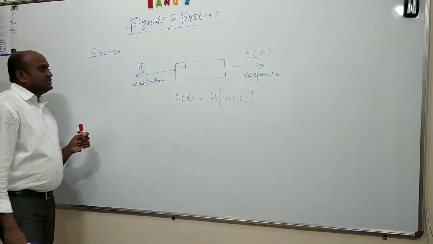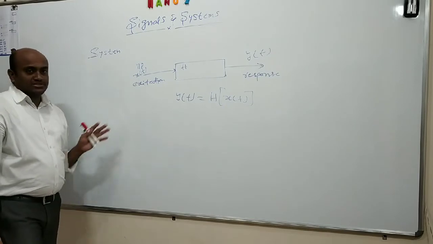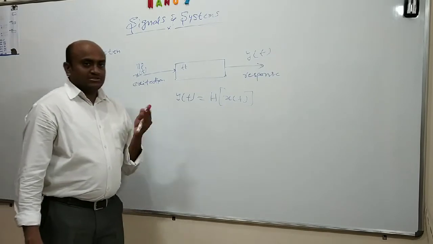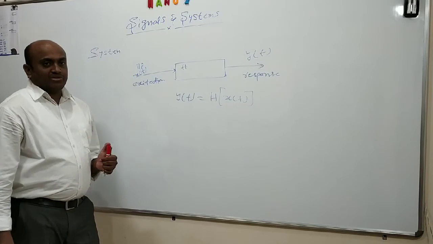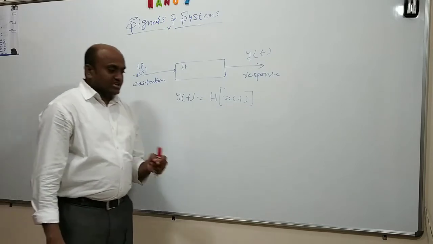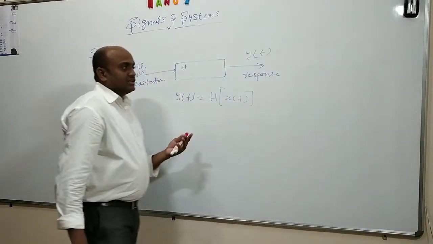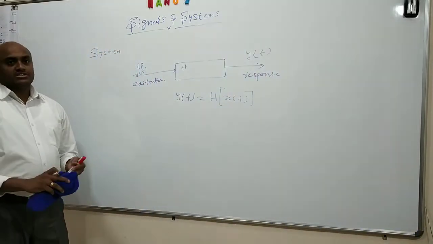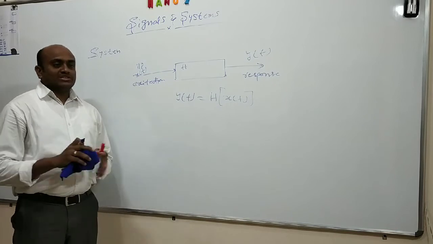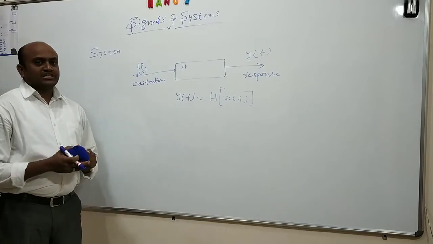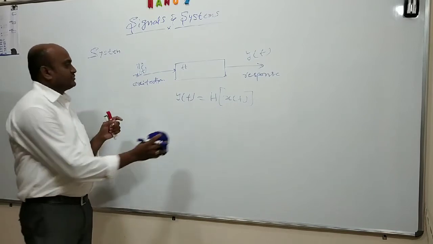So that is the system definition and examples. General examples I told you, like attenuator, amplifier, even the set-top box which we use now for watching digital TV, and the high definition TVs which we are getting, all fall under the category of systems.